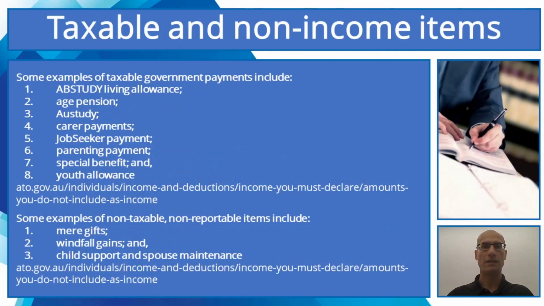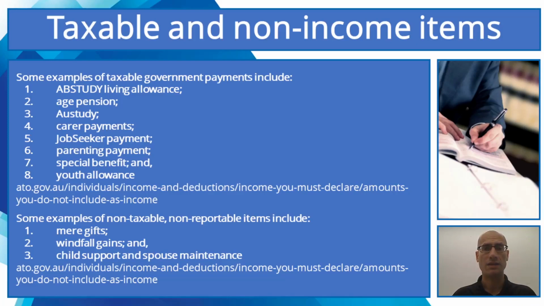Now, the next category of income that we're going to look at are what we call taxable government payments. These are income, but the way that they're structured, a person who's the recipient of these forms of income also receives a rebate, which is a tax offset, so that functionally they're not paying tax on those particular amounts.